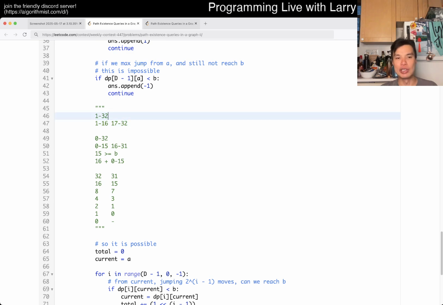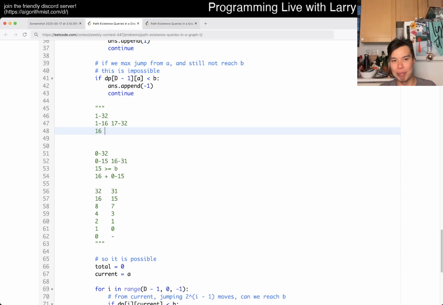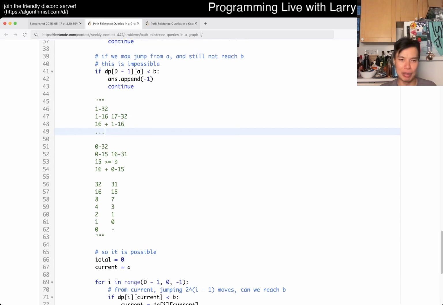Because now he assumes that everything's from 1 to 32, and then he searches from 1 to 16 and then 17 to 32, and as a result, everything will be in that power, and then you just keep track of 1 plus dot dot dot, and on the right side you just add 16, but then in this case it's 16 plus 1 over this, right, and so forth, dot dot dot, and that's basically how I came up with it.